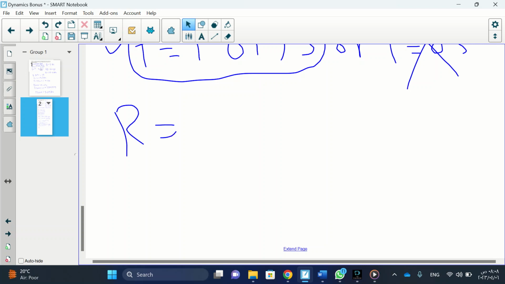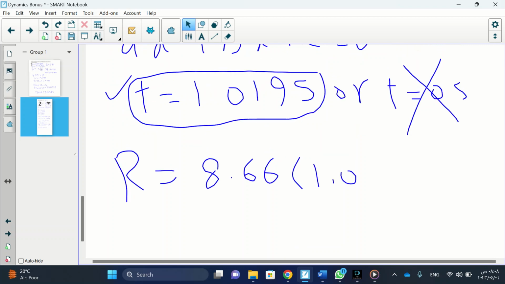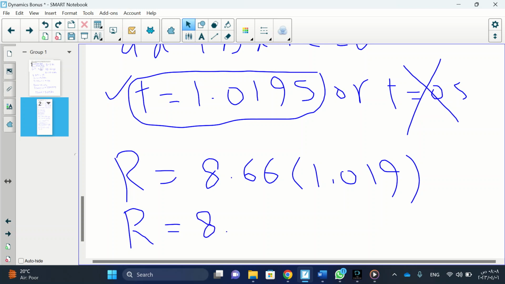R equals 8.66 times T, which is 1.019. Okay, so in this case R will give you 8.82 meters.